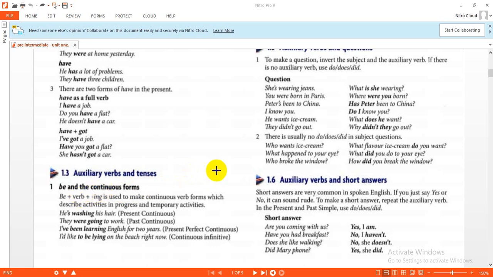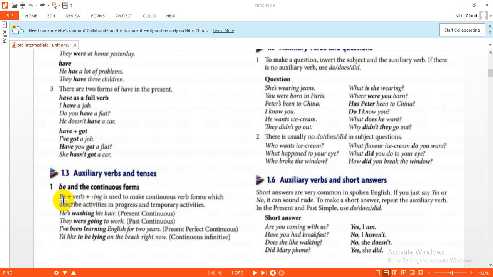Be plus verb plus ing is used to make continuous verb forms. يتم استخدام البي والـ verb والـ ing من أجل تكوين continuous verbs اللي هو الأفعال المستمرة، الصيغة للفعل المستمر which describe activities in progress and temporary activities، التي تشير إلى الأنشطة الحالية، وتحصل بشكل مؤقت، نشطة بشكل مؤقت.